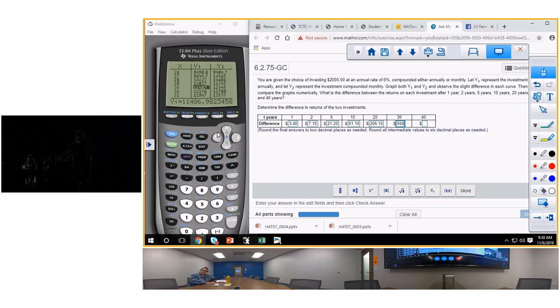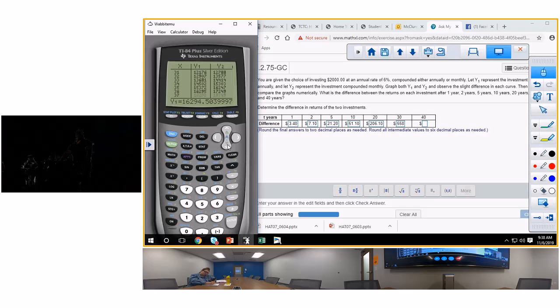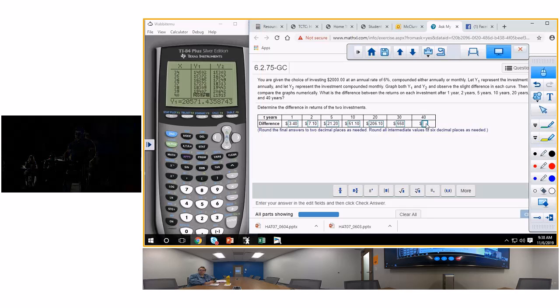And 40 years. 40 years, 21,915 minus 20,571. 1,344.